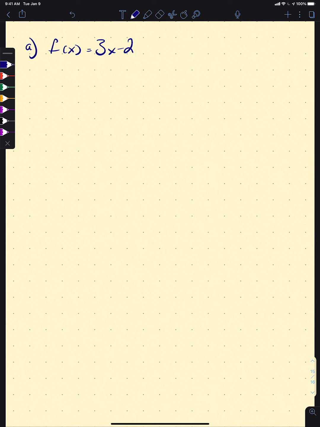But to calculate this inverse, the first thing we're going to do is write this as an equation: y equals my function of x. Now we're going to try and solve this equation for x. I can add 2 to both sides, and then divide by 3, multiplying by 1/3.